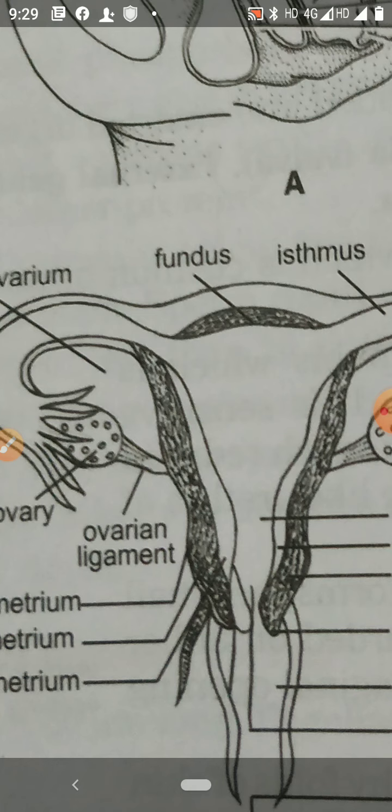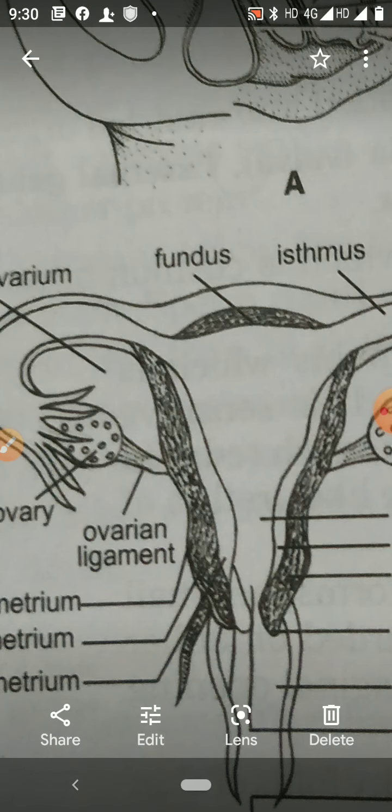After multiplication, it gives rise to the follicles and ova. The epithelium encloses the inner part called ovarian stroma. The ovarian stroma is composed of connective tissue containing blood capillaries.